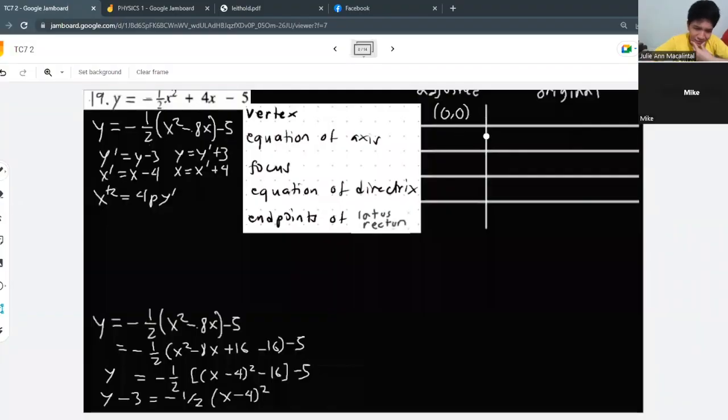Okay, and then itabi natin yung equation na nakuha natin. So x prime square is equal to negative 2. So below that, x prime square is equal to negative 2 y prime.